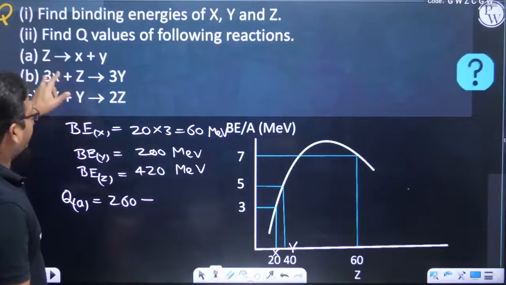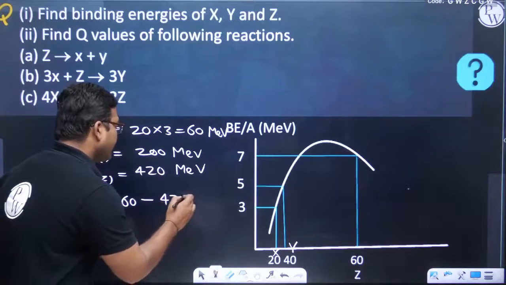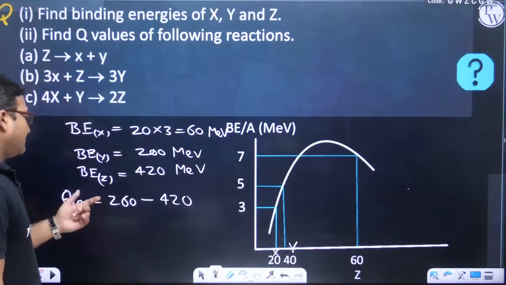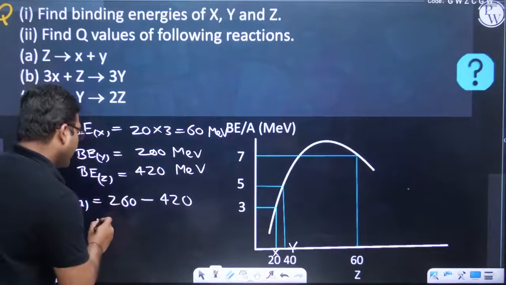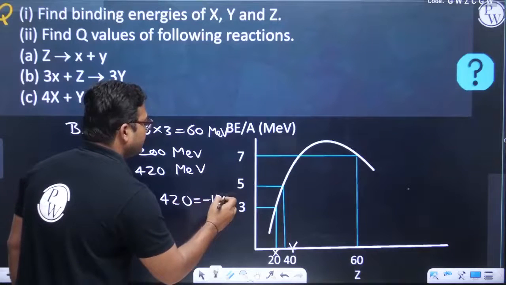So the reactant is Z, so binding energy of reactant is 420, and you can easily see the Q value is actually minus, let me write it here, minus 180 MeV.